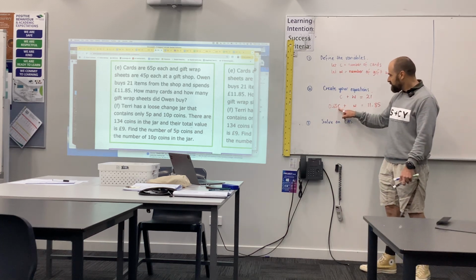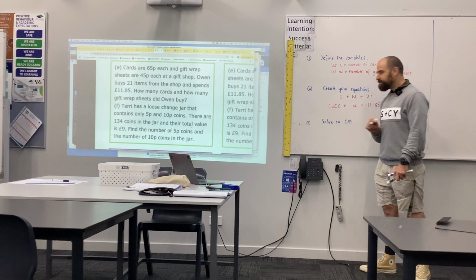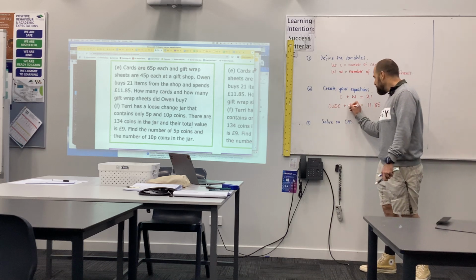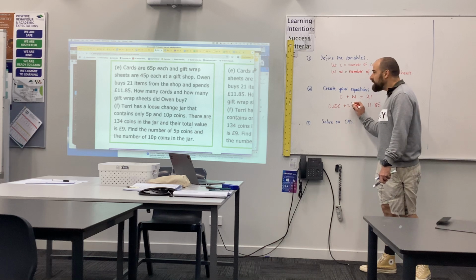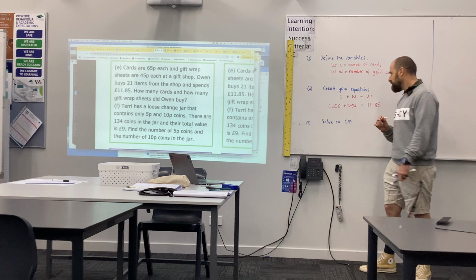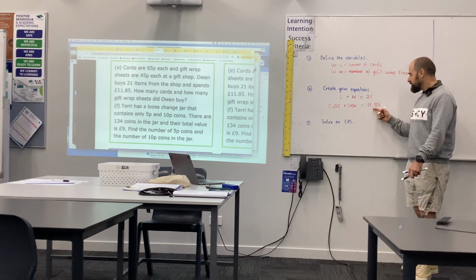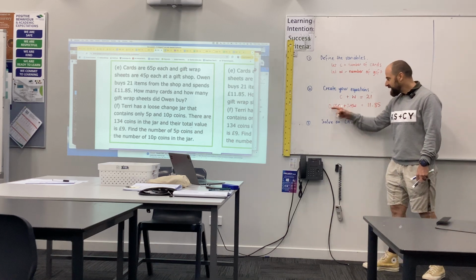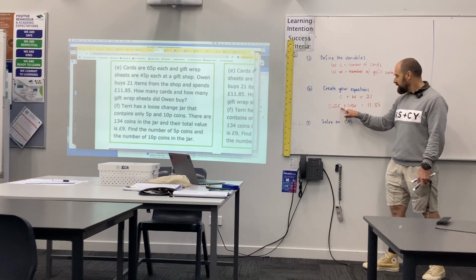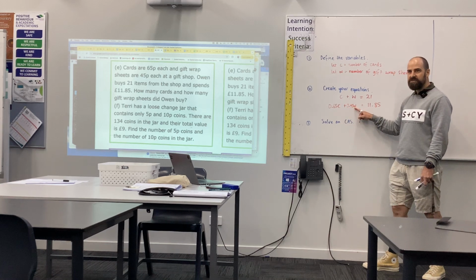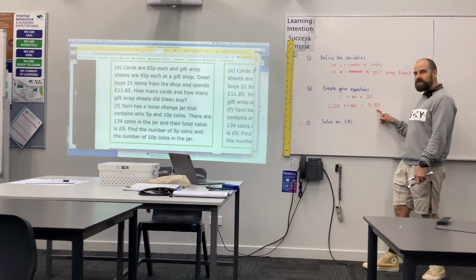So if I take the number of cards and multiply that by 0.65, and take the number of wraps and multiply that by 0.45, then I'll get the total cost of $11.85. So we've got the cost of the card times the number of cards, plus the cost of the gift wrap times the number of gift wraps, and equals the total cost.